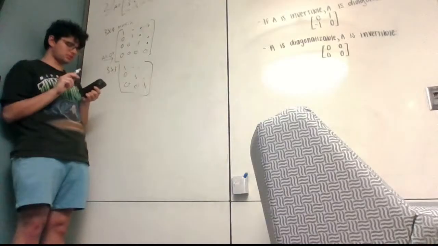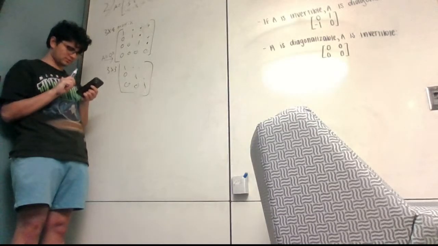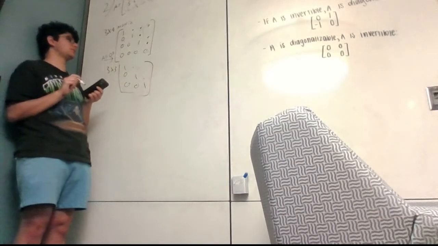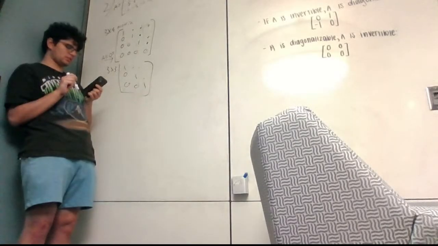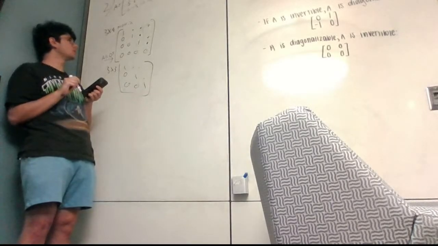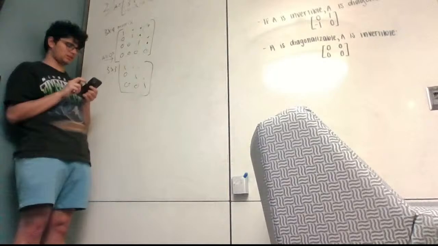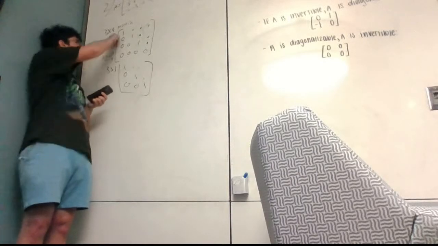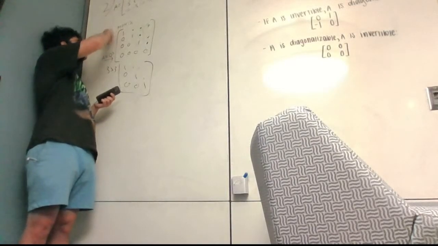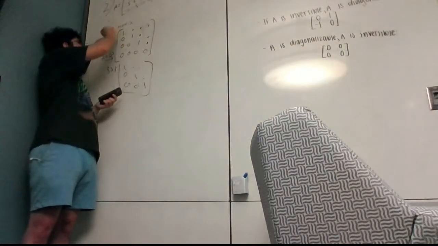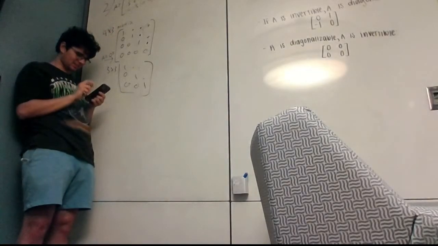Okay, so every pivot's one. Oh gosh, I'm bad at this. I might actually screw up, I'm not going to lie. Also, this is not a 3x4, this is a 4x3. Whoops. Okay.